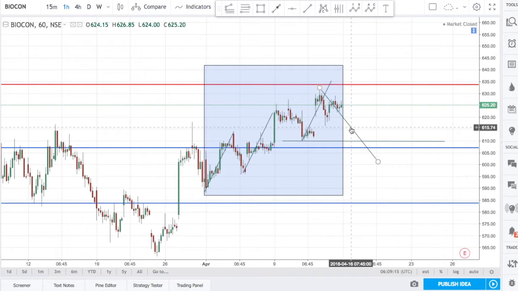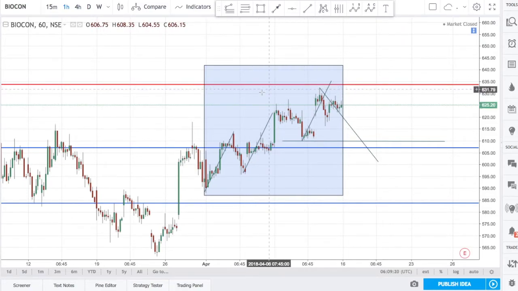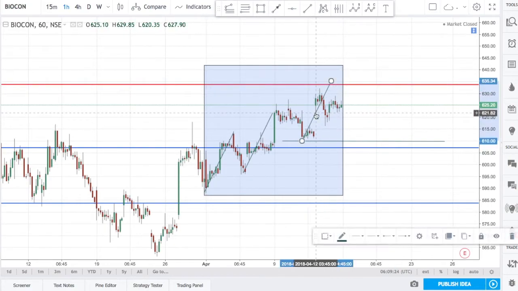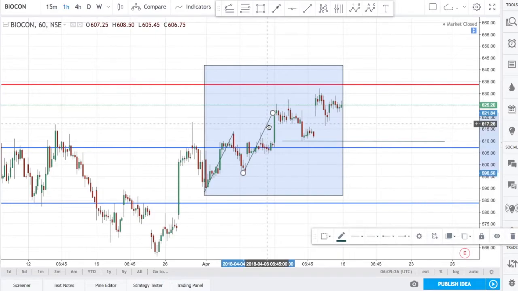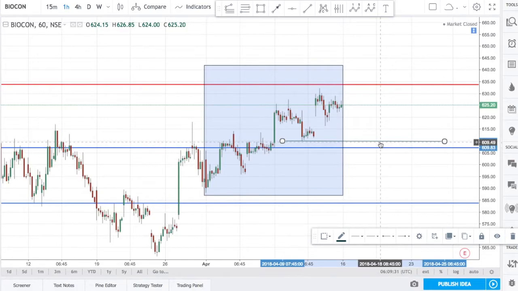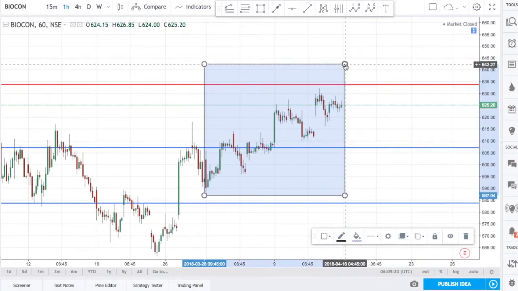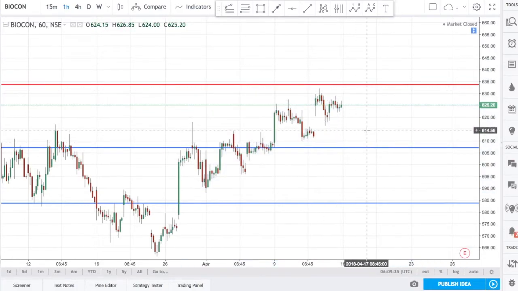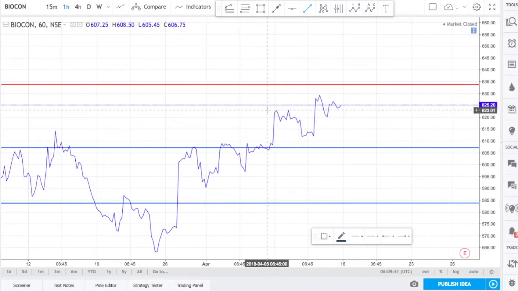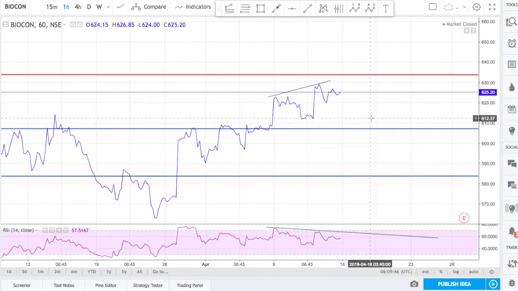Thirdly, we have an RSI divergence at these higher highs. Let me show that to you, but before that, let me get these lines off. We have an RSI divergence at these higher high levels.